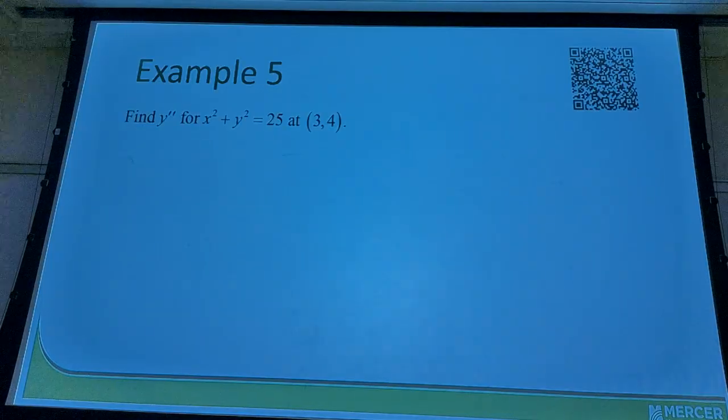Acceleration of circles. Why not take the second derivative implicitly? Well, good news. We already found y prime.